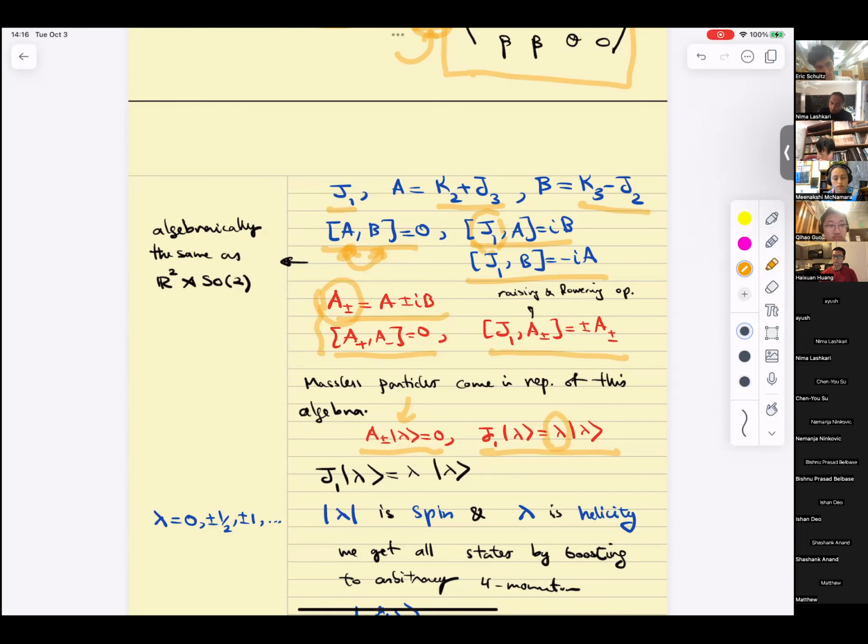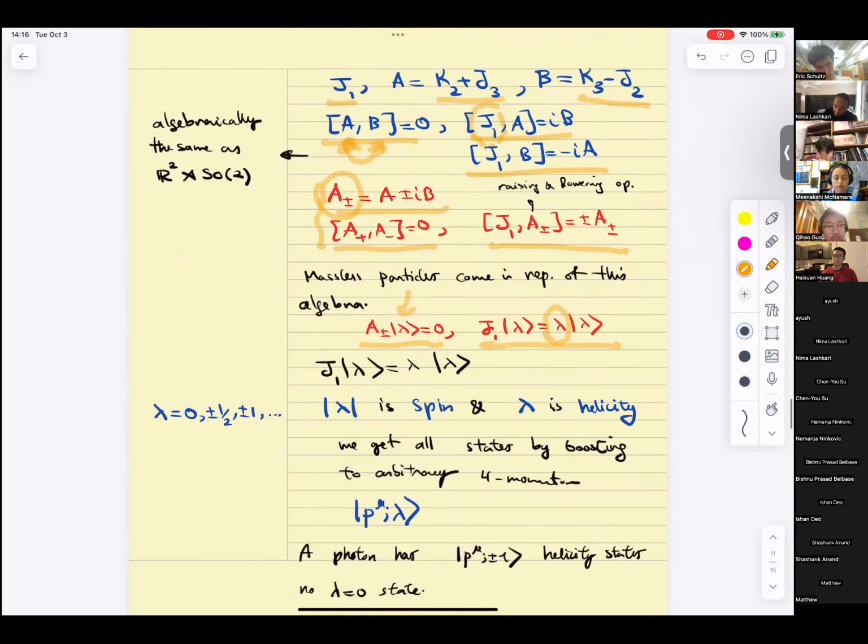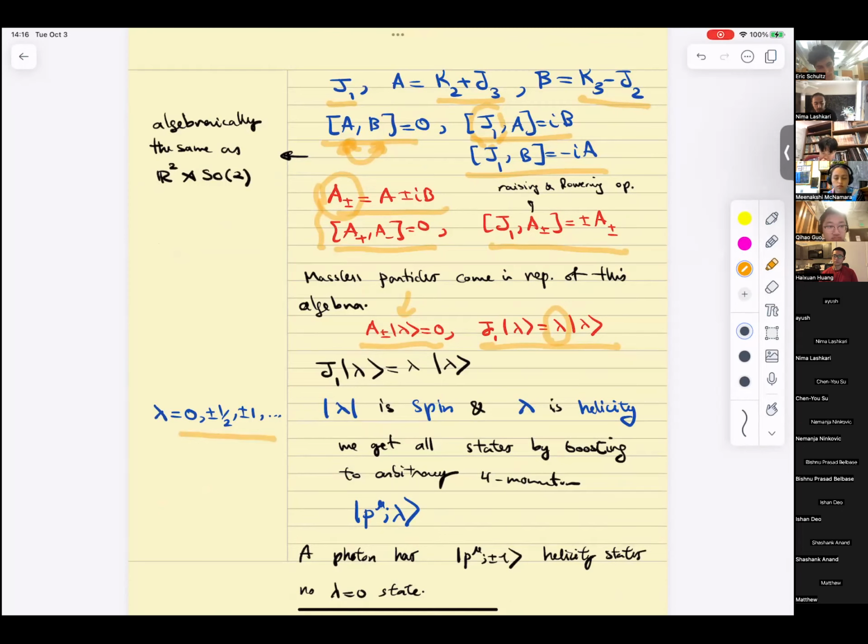And if you do the representation properly, I didn't really explain it, the values of lambda are 0, plus or minus half, plus or minus 1, and so on. The absolute value of lambda is called spin for a massless particle, and the actual value of lambda is called helicity.